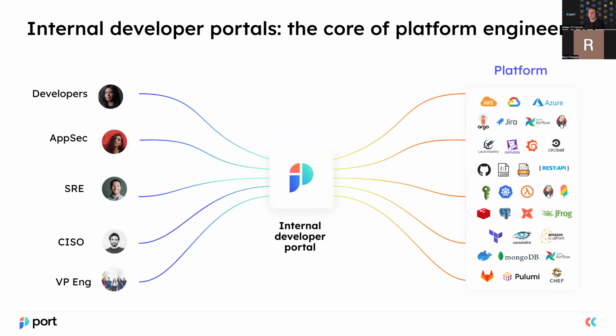So what we want Port to be is what you need it to be for whatever persona you are. If you're a developer, being able to do very easy self-service actions yourself, globally search all of your services, and find out information about whether there is a service that I've been asked to create already. If there is one, how do I use it?